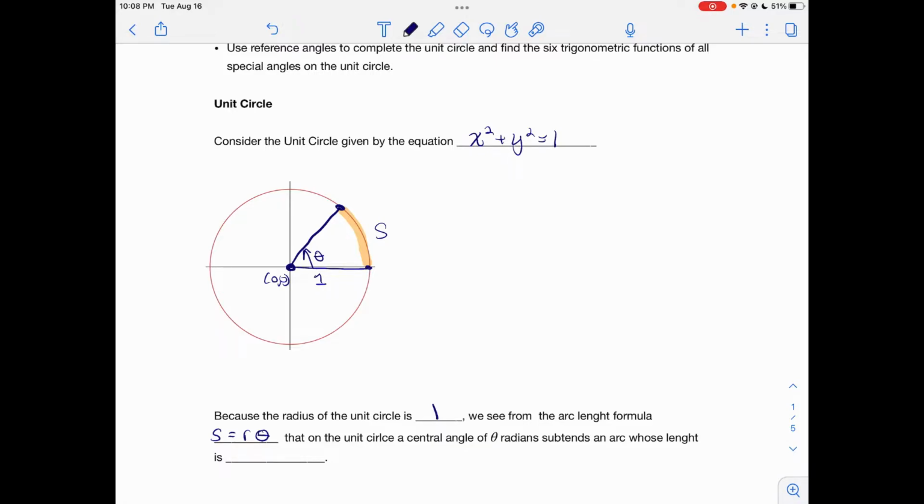Since r in this case is 1, s is equal to 1 times theta, so s is theta. So on the unit circle, the central angle theta radians subtends an arc whose length is also theta. This distance here that's highlighted in orange is the same length as theta in radians. That's kind of cool that that happens in the unit circle, and because of that, some cool things can happen.